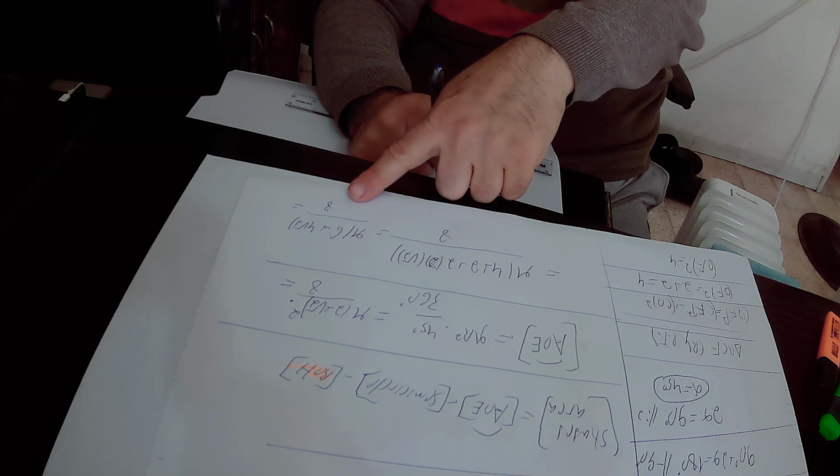Divided by 8. We have to divide also the denominator 8 by 2. 8 over 2 is 4.